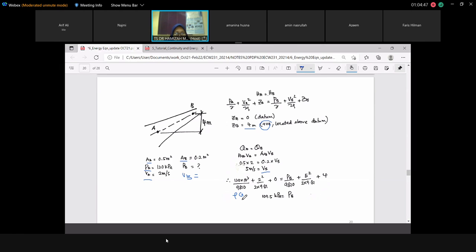Okay, and then the elevation's potential energy ialah 0. The second velocity B is 5. Okay, so we have only one unknown here, so we can know the PB. Okay, PB ni in unit kilopascal.